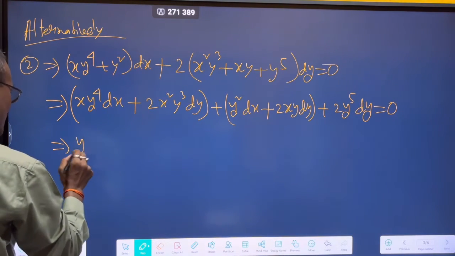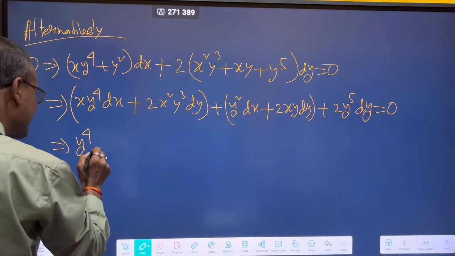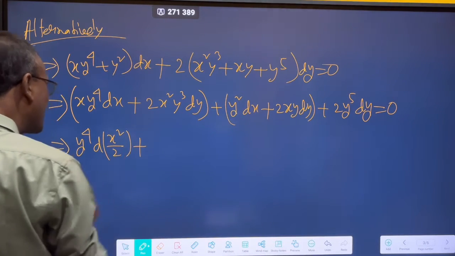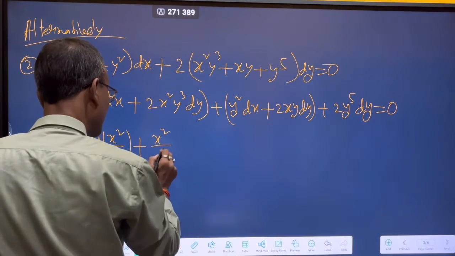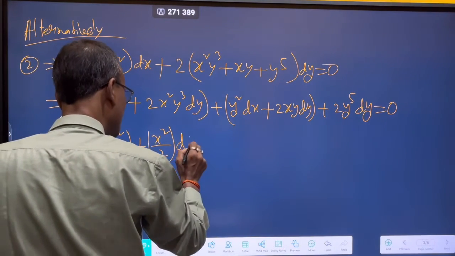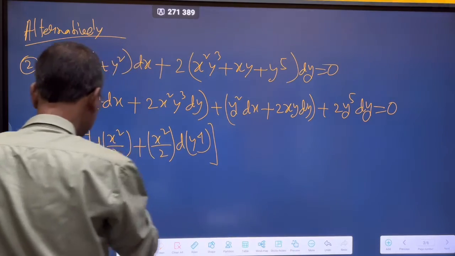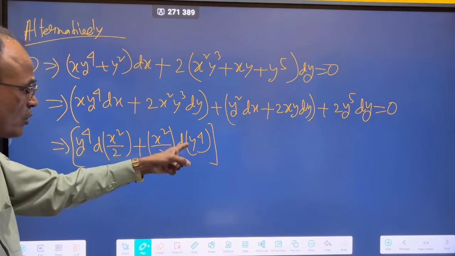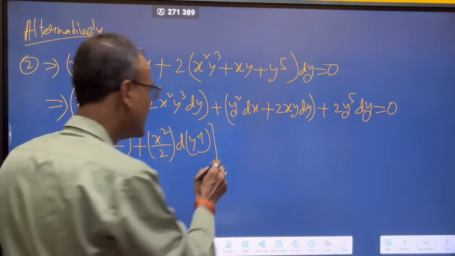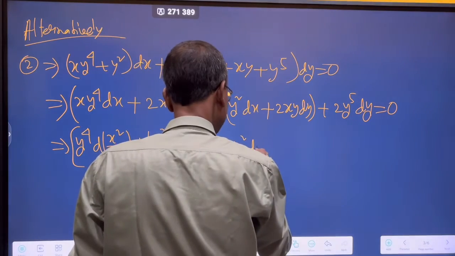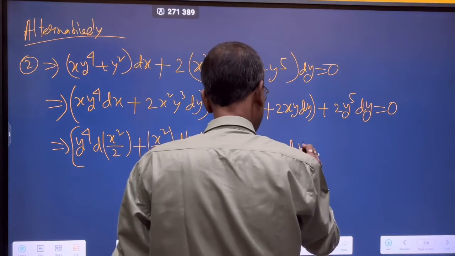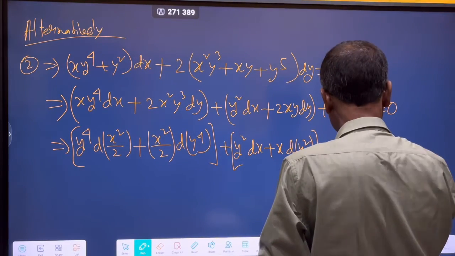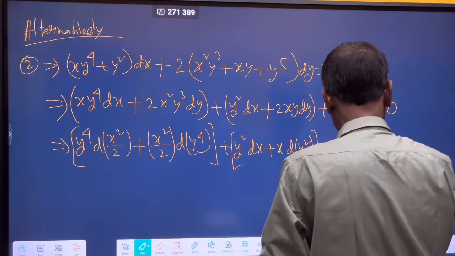This means y to the power 4 x dx can be written as d of x square by 2 y to the power 4, plus x square by 2 d of y to the power 4. Can I write like this? 4y cube x square by 2, that is twice x square y cube. Plus y square dx plus x d of y square, you may write like this, plus 2 times d of y to the power 6 divided by 6 equal to 0.